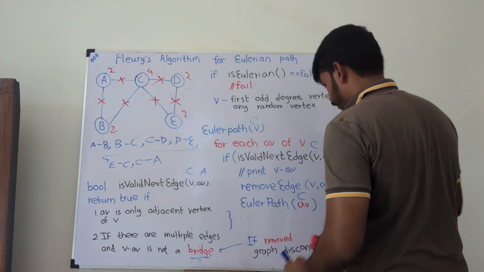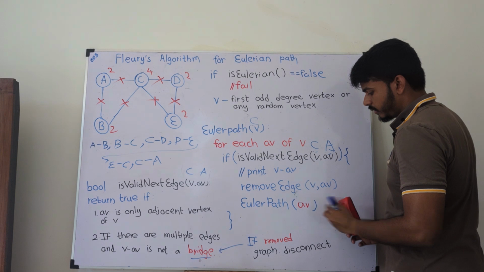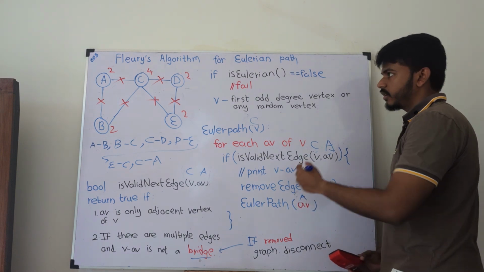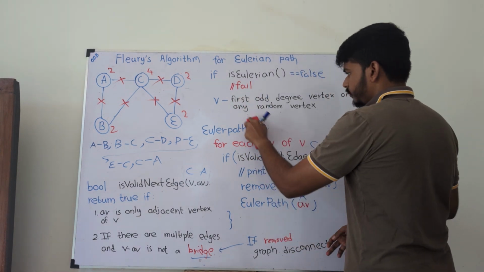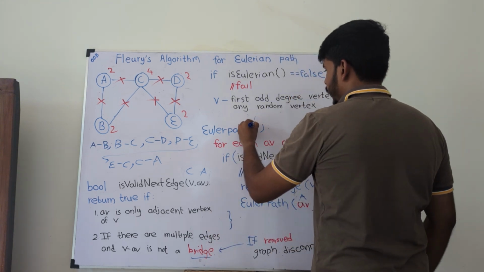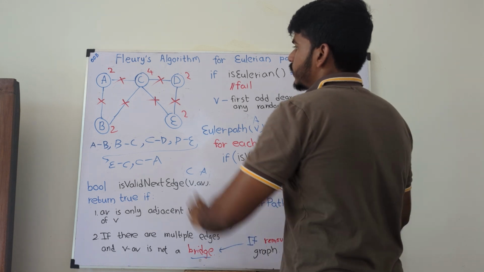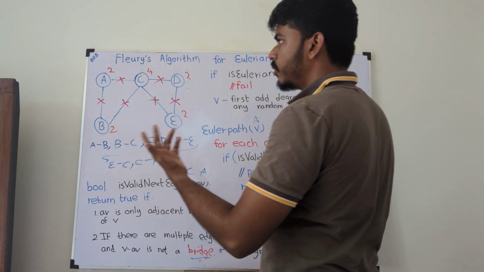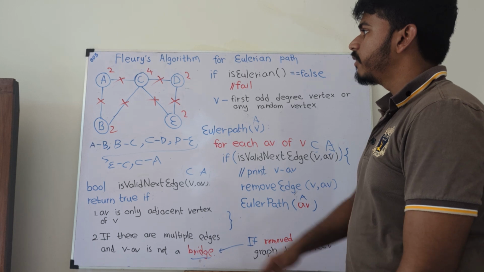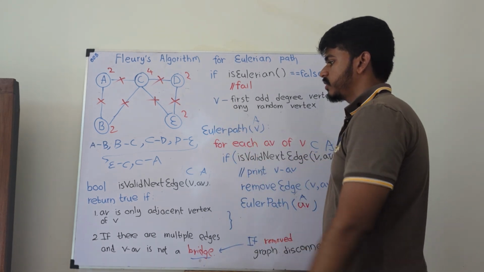Then as the next vertex we have taken A, which is adjacent vertex of C. So for each adjacent vertex of A, here you can see all these edges are removed. There are no other adjacent vertices available for A. So the function stops.